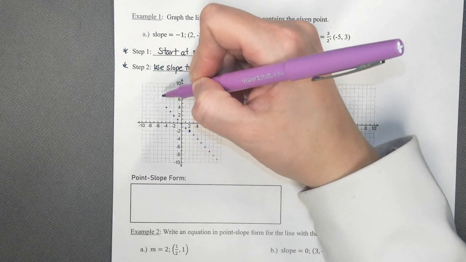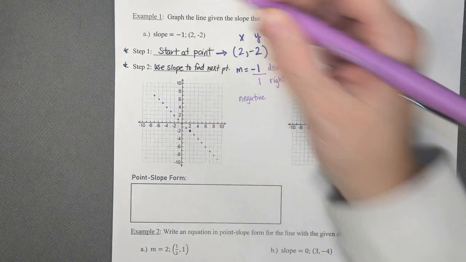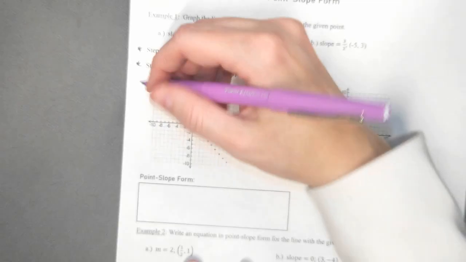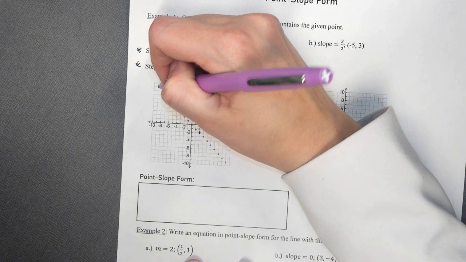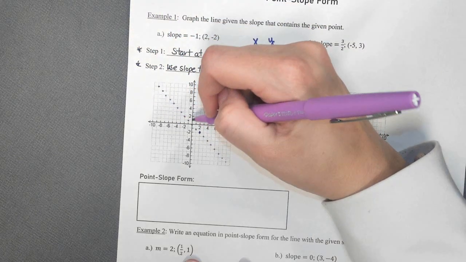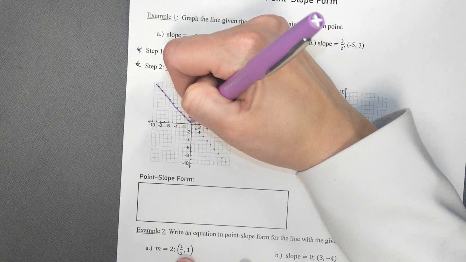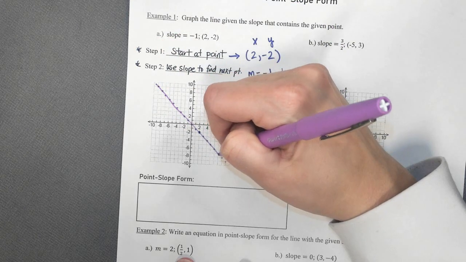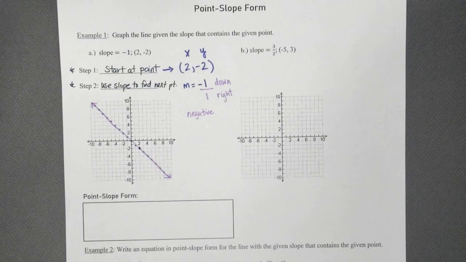Okay, and then like I said, this is always going to be your corner. So if you have 1 or -1, that's pretty simple to do. And then we are going to connect those points. Okay, and that's going to be your line.